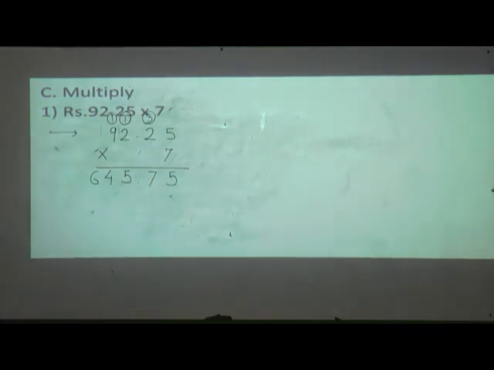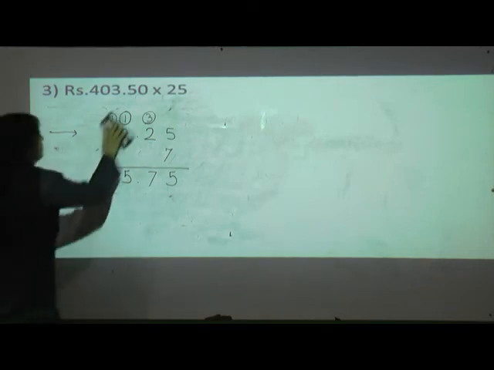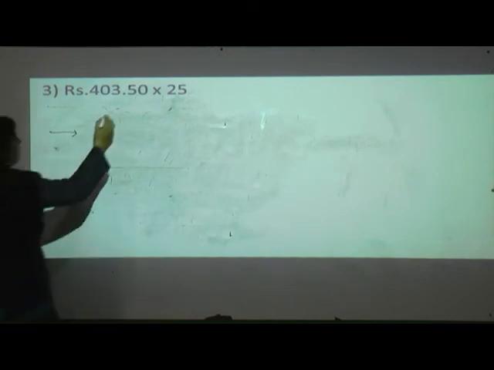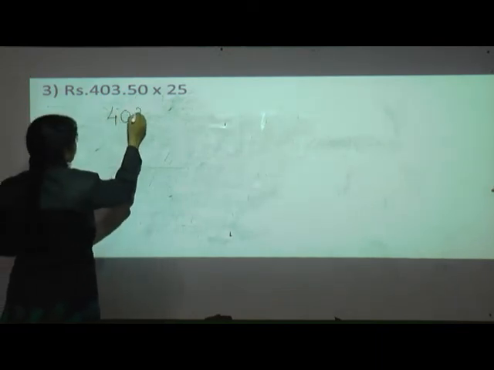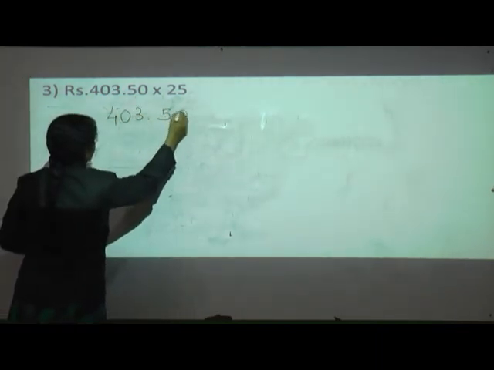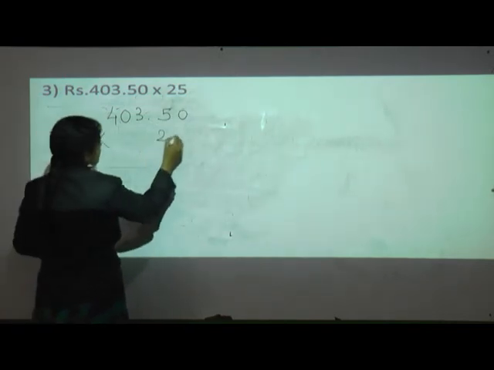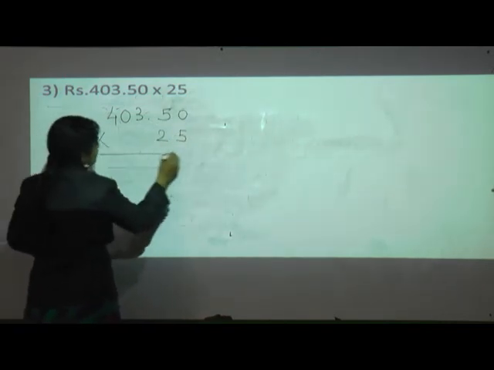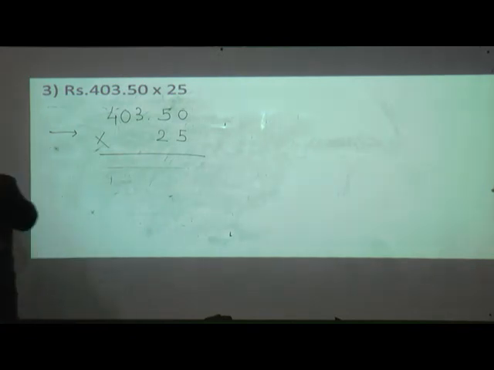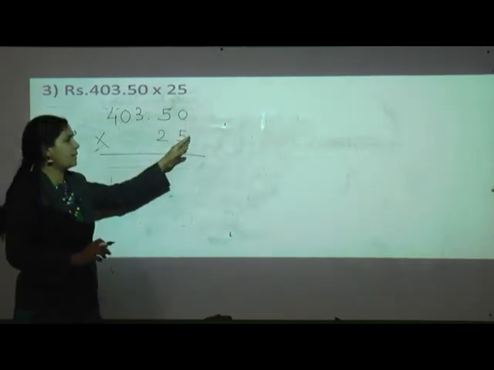Now we'll see next one. Here 403.50 multiplied by 25. Now here 0 multiplied by 5.